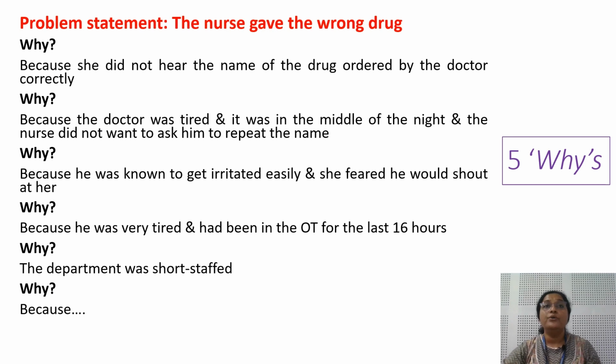Root cause analysis often uses the 5 whys technique of getting to the root of an incident. In an earlier module, I had introduced the 5 whys technique of getting to the bottom of a problem. It is simply sequentially asking why until we reach the end point of the inquiry.